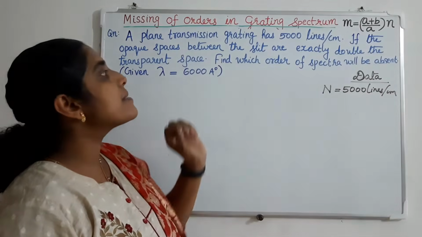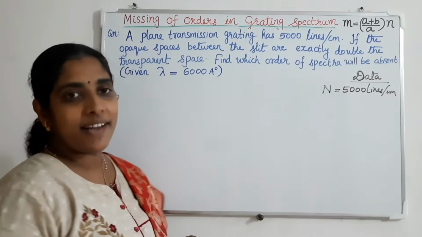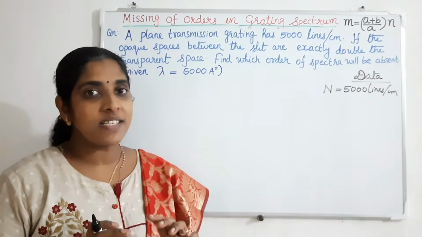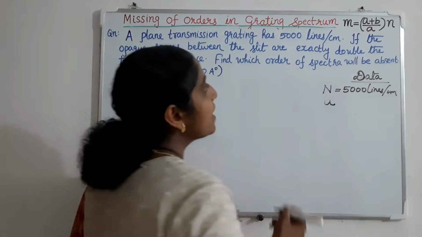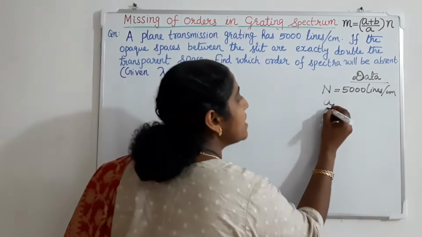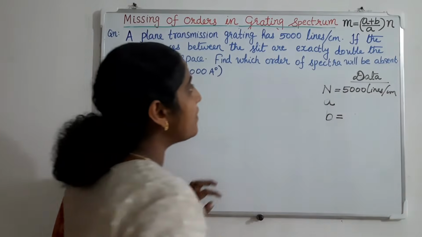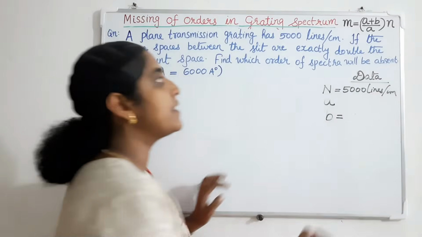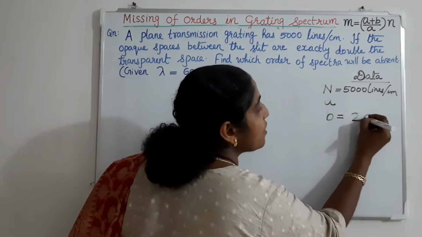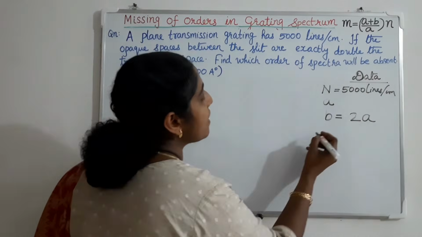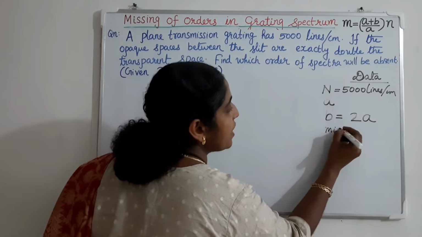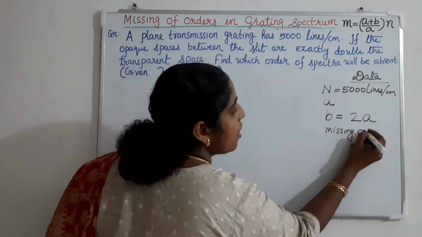The transparent space corresponding to the slit width we consider as a, then the opaque space width is b. It is given that this opaque space width is double that of slit width a. So we want to find out the missing order.